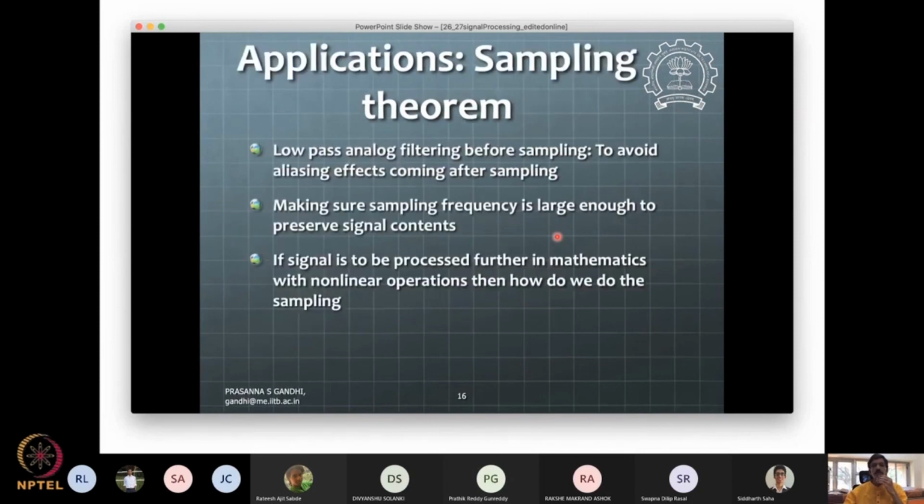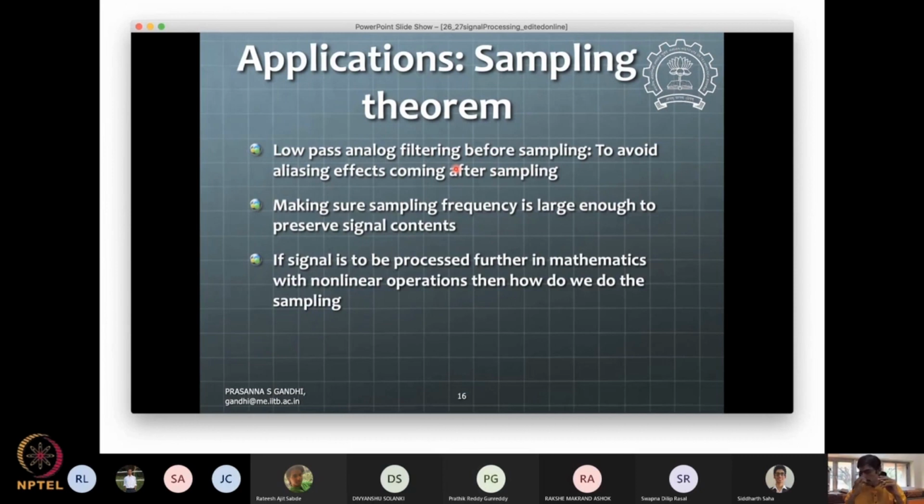So now we just see a small application of the sampling theorem. Like now, how do you think about a system? Say for example, if you are developing a mechatronic system, typically before getting into sampling, you use a low pass filter. You use this low pass filter to make sure that beyond a certain frequency the contents are made zero.